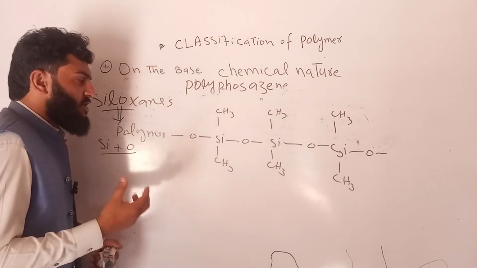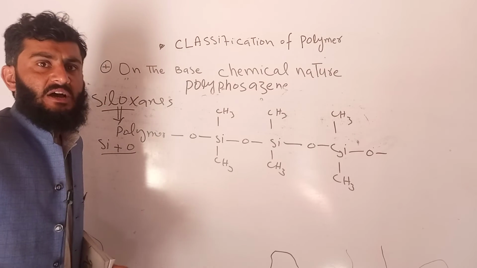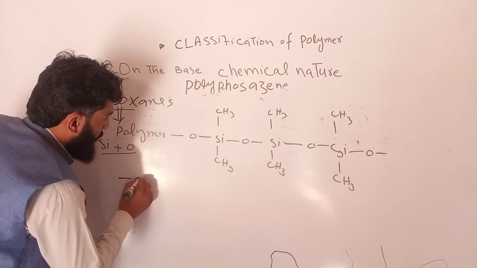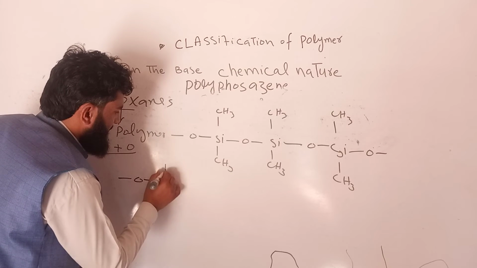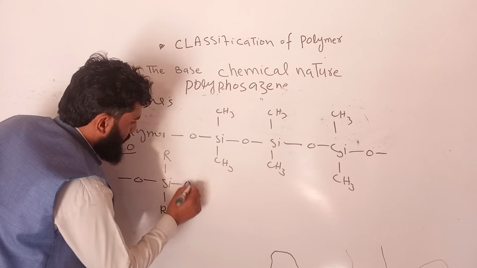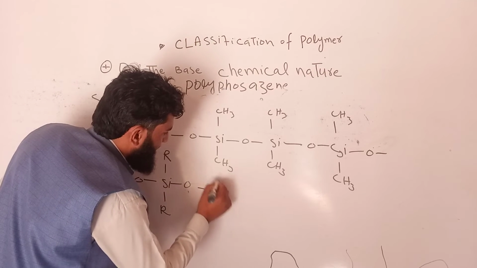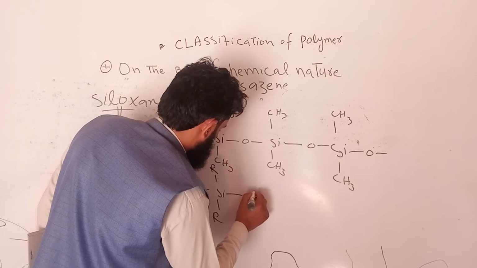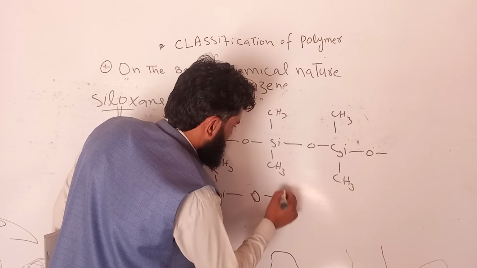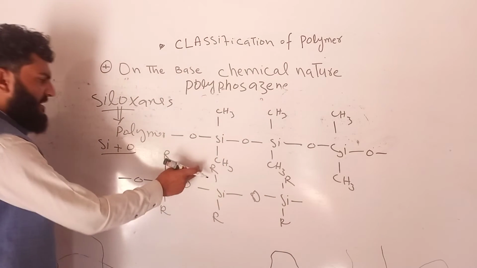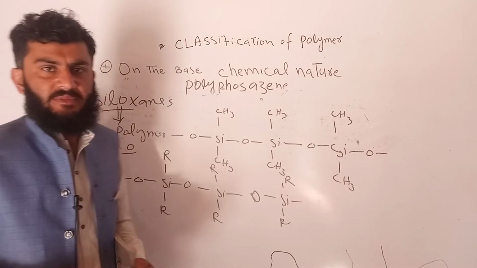So the general formula for siloxane is: O, Si, here I write alkyl group R, and R, and here oxygen, and Si R R. Here the R is not specific. Clear?